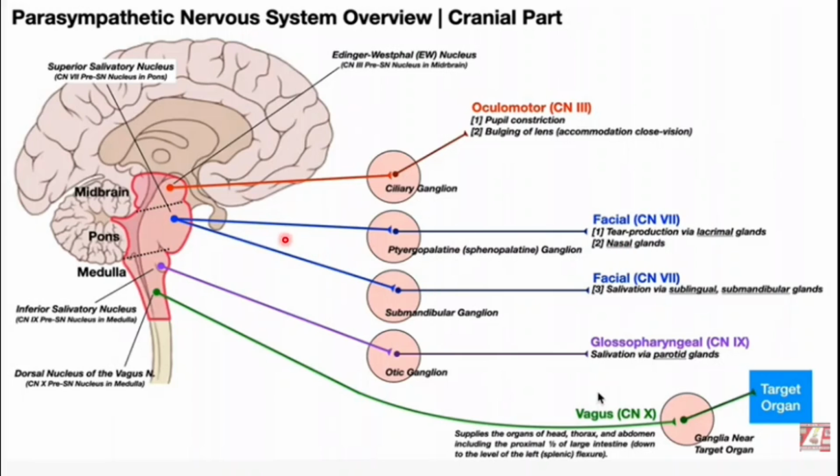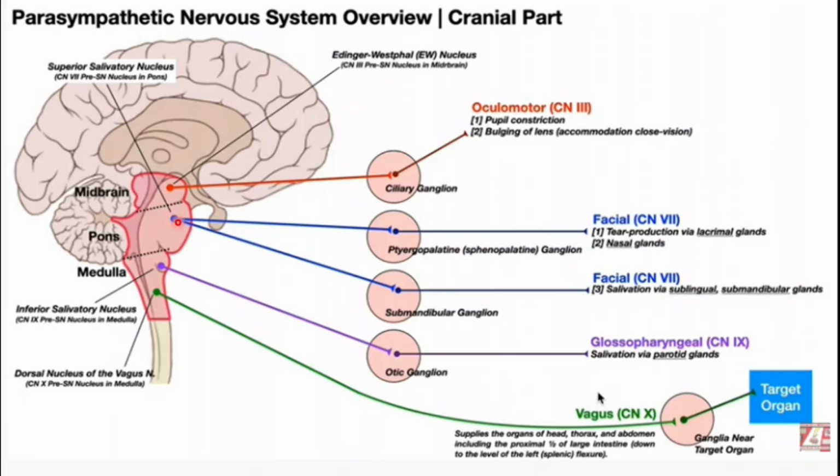And the facial nerve also forms a synapse in another ganglion, the submandibular ganglion, whose postganglionic neurons will innervate the sublingual and the submandibular glands, which are responsible for saliva production.